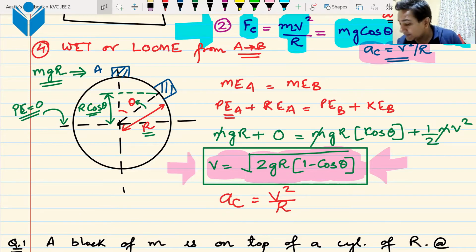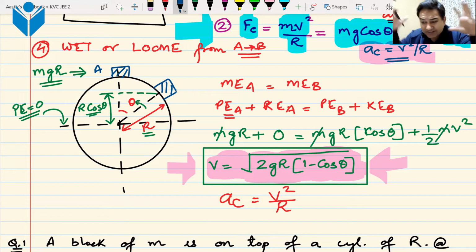Now my question is, does this formula look similar in some cases? Go to the first chapter. This is how you relate things, and this is how you can remember things in a better way.